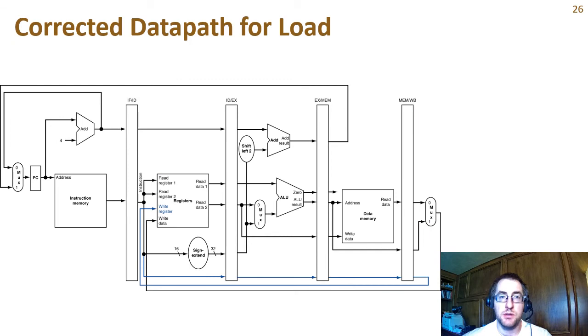So what we have to do is pass our write register index through the interstage buffers as well, so that when we get to the write back stage, we provide the write register index, the write data, and the reg-write signal to the register file at the same time for the correct instruction.